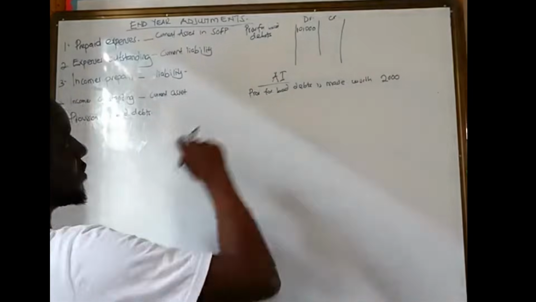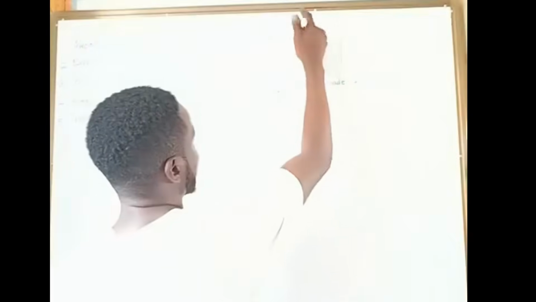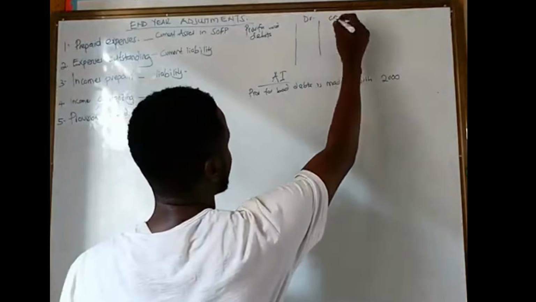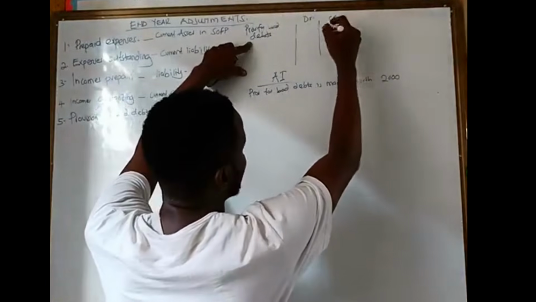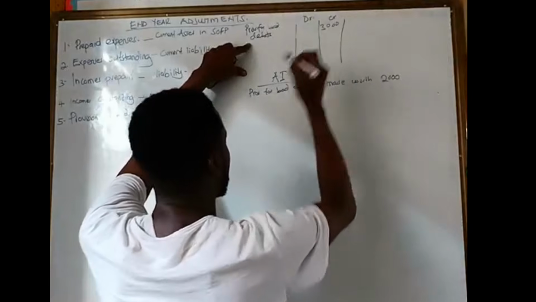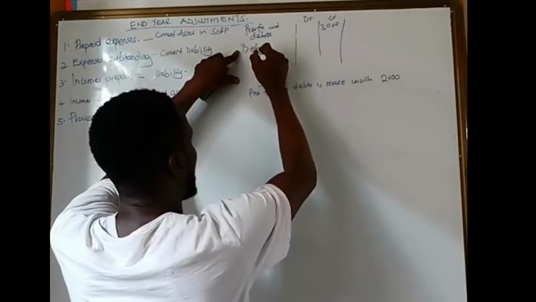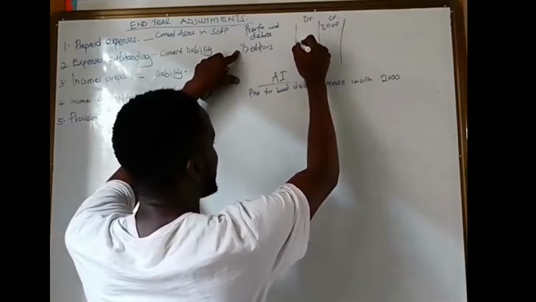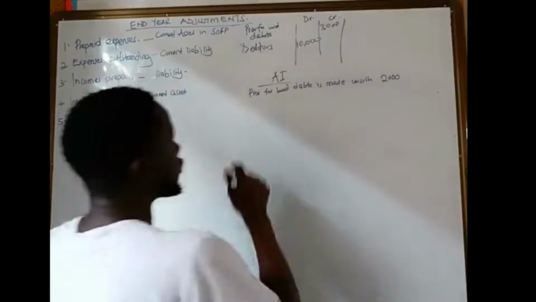Now, sorry about this. Provision for bad debts here, it was, let me say, 3,000. And our debtors, or our trade receivables in the trial balance, were 10,000. So how are you going to treat this?